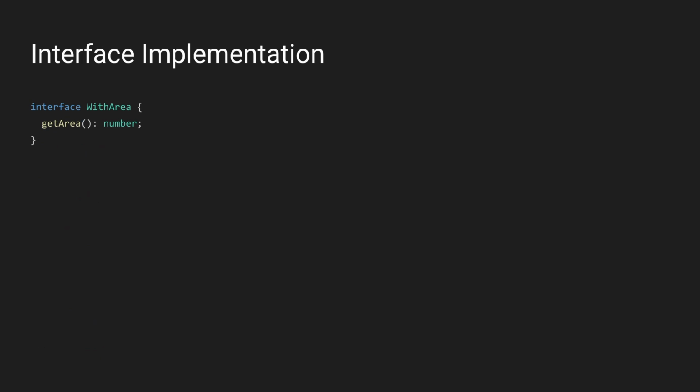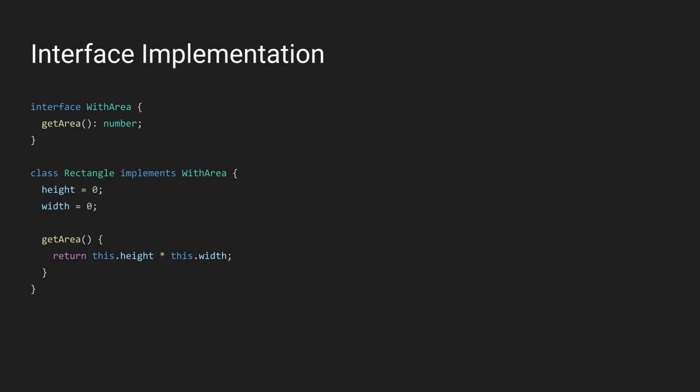A class can be forced to implement an interface or corresponding object type by using the implements keyword within the class definition. Let's create an interface that we want to implement. We have a WithArea interface that has one method. When creating a rectangle class, we mark it as implementing the previously created interface.